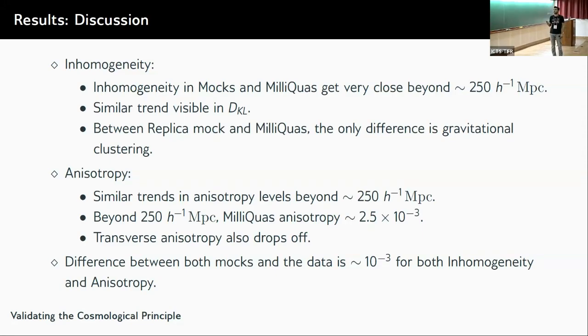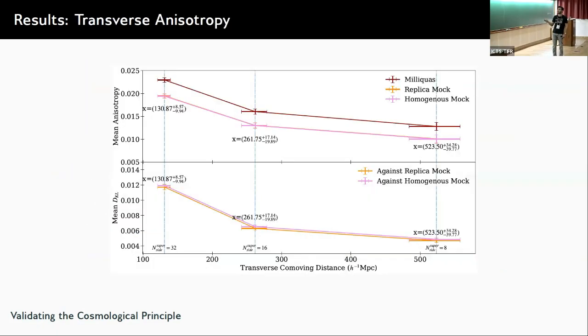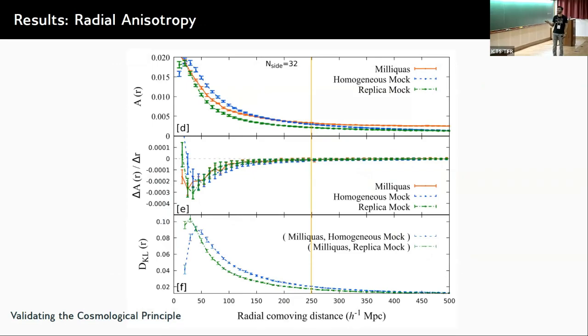Again, for the anisotropy, we see a similar thing. For both inhomogeneity and anisotropy, the differences between these mocks and the data are of the order of 10 raised to -3. That's important.